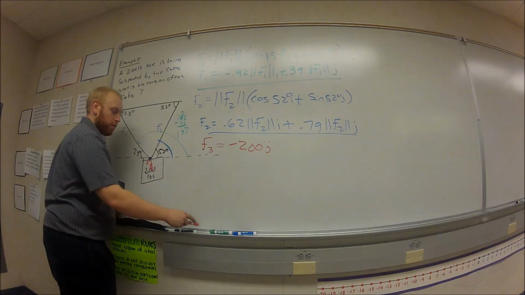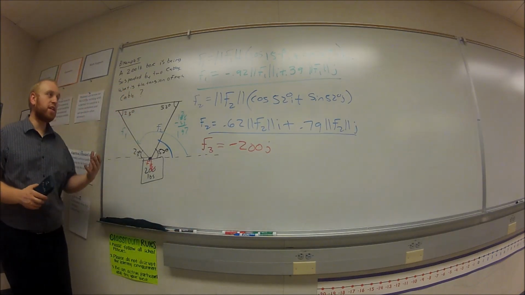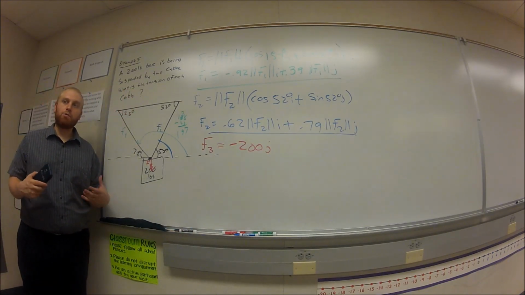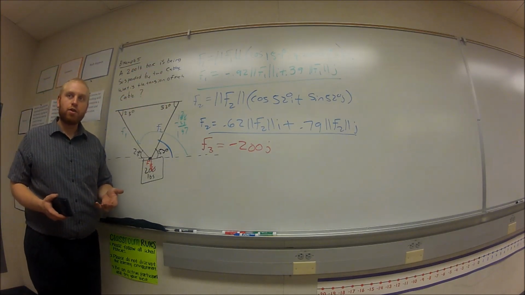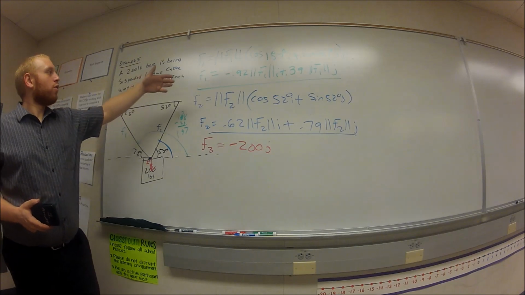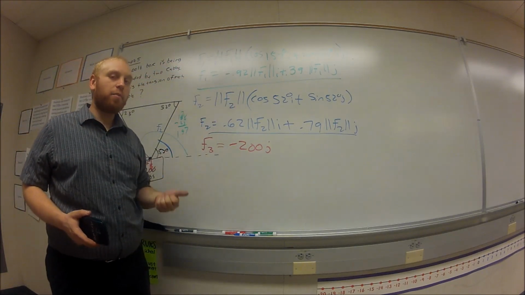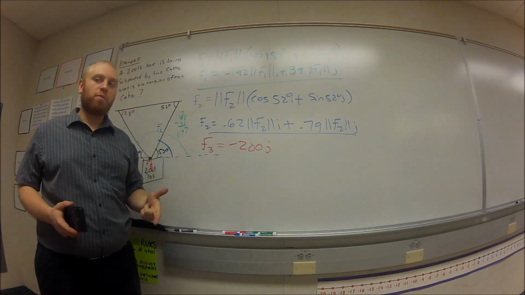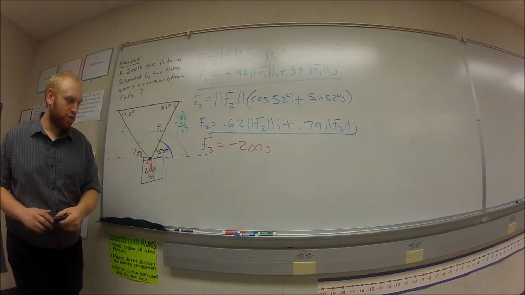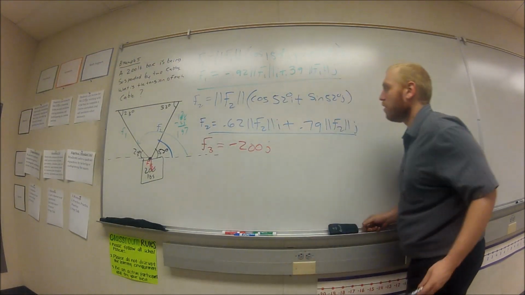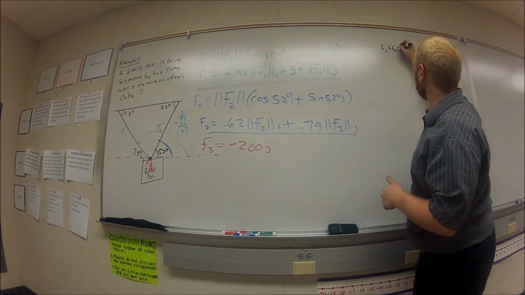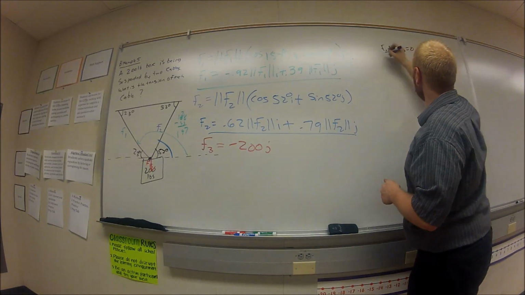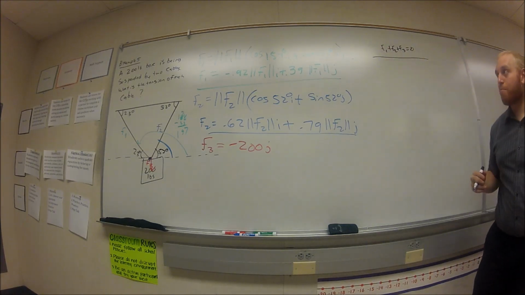Now for the next part. We need to see when this is in static equilibrium and which magnitudes are going to make this happen. So we have to know when all the i's add up they equal 0, and when all the j's add up they equal 0. So let's do that now. Let's look at force 1 plus force 2 plus force 3 equaling 0. And let's start with the i part.